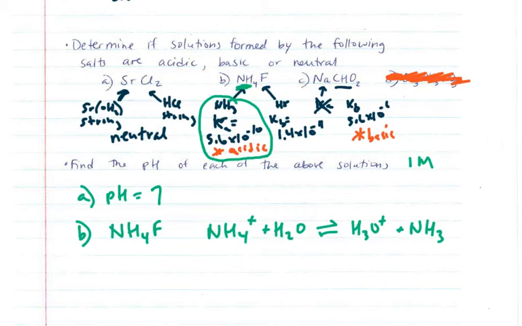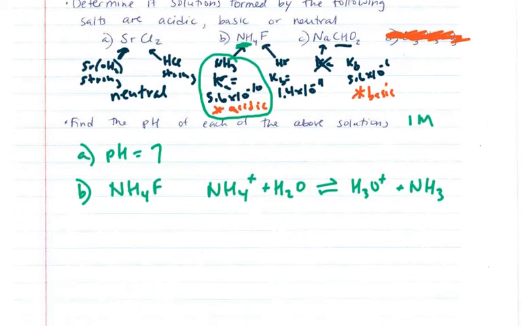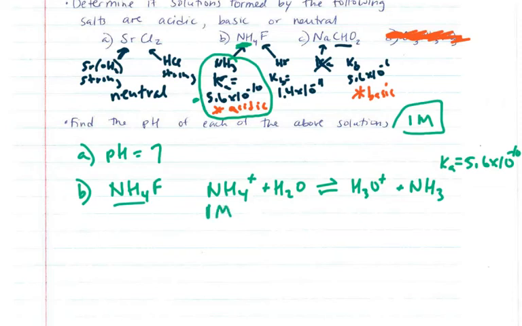And we can do an ICE table, because we know the Ka for this, we wrote it up here, 5.6 times 10 to the negative 10. So we can figure out for a 1 molar solution of this salt, which will dissociate and have a 1 molar concentration of this.